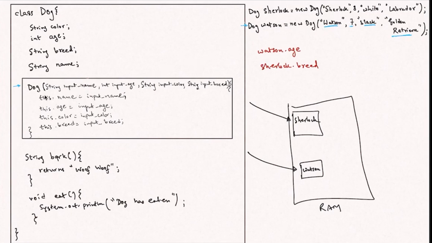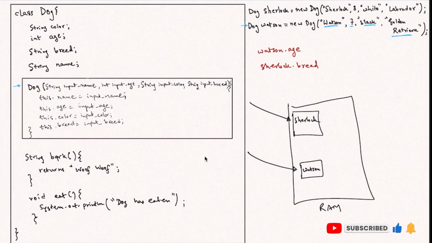So this dot name, which is Watson dot name, becomes this string, which is Watson. Watson dot age becomes this integer, which is input age, because this integer was stored here, right? So when the program came from here to here, it took all these attributes and then stored them in these variables here, right? And then these variables were then assigned to these attributes. And these attributes are the attributes that you see here.